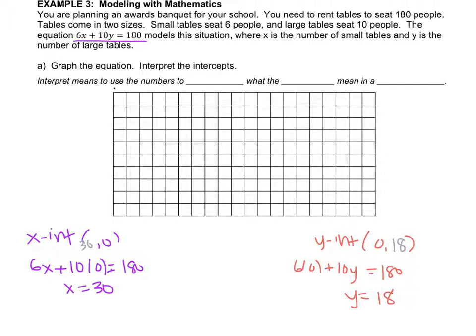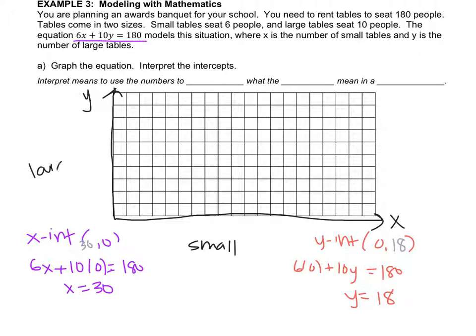So let's make our grid, and since we can't have negative tables, we're going to keep it in the first quadrant. Sorry, it's so sloppy. Okay, so this is going to be small tables, and y is going to be large tables. And I'm going to go by twos, and for this one, I'll go by twos as well.